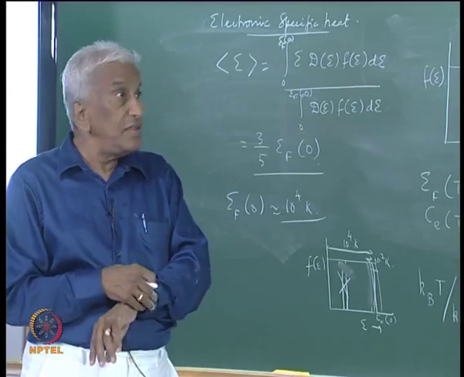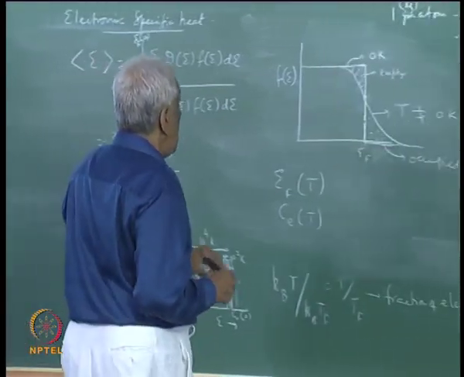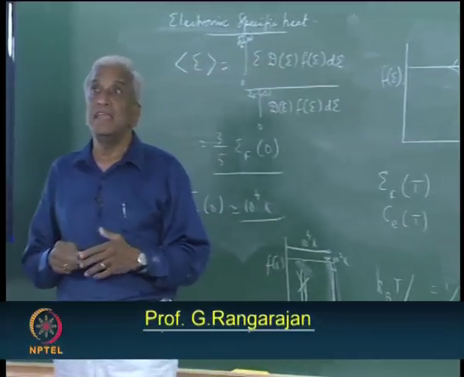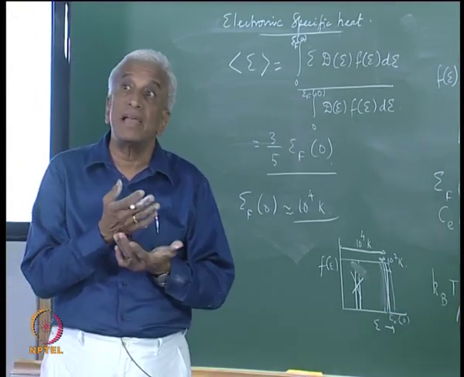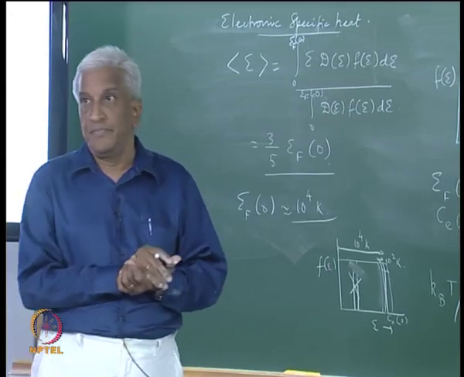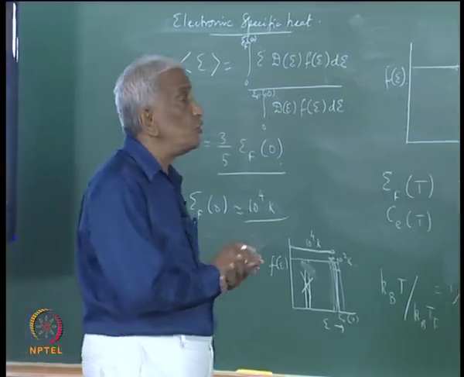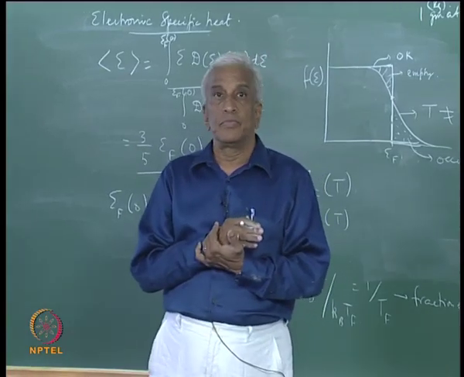Now, this electron gas also possesses many other interesting properties. The electrons have a magnetic moment because of their spin, and this contributes to paramagnetism.